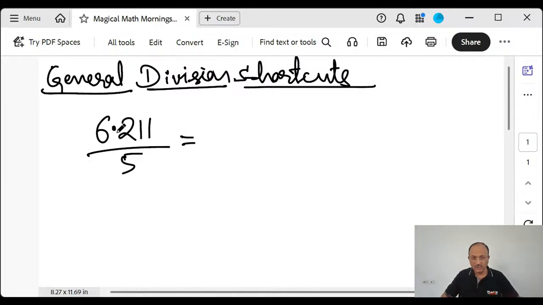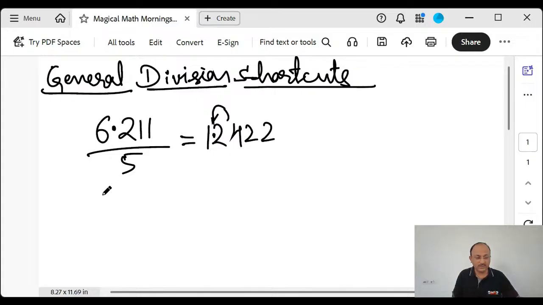Yes, very good. The double of this one is 12.422 normally, but instead of keeping the decimal place here, we'll shift one place to the left and then write here. That is 1.2422. Correct? No, it's not 12422. It's 1.2422. In decimal places, we should be very careful.